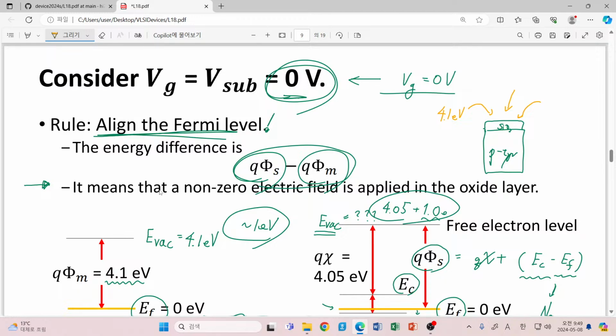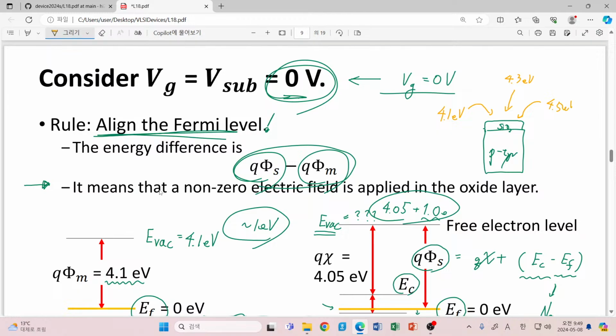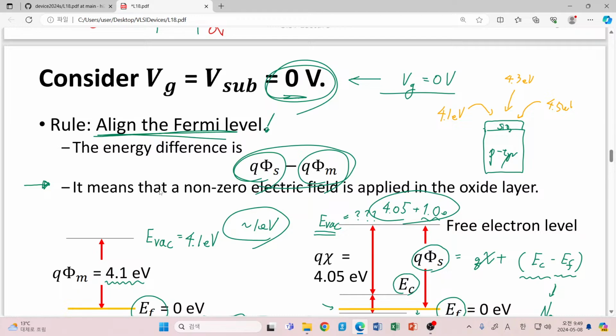Or if you don't like it, for example, you can try 4.3 electron volt. Or you can try 4.5. Let's say that you have a certain ability to change the work function of your gate material. Then what will happen? By changing the work function of the gate material, you can also change the initial built-in energy difference in your system.